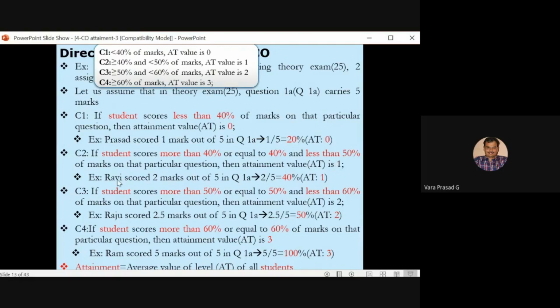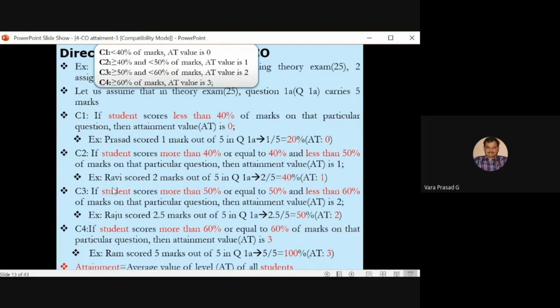For example, a student called Ravi has scored 2 marks out of 5 in question 1A. 2 divided by 5, how much? It is 40%. Then the attainment value is 1, because it comes under condition 2.